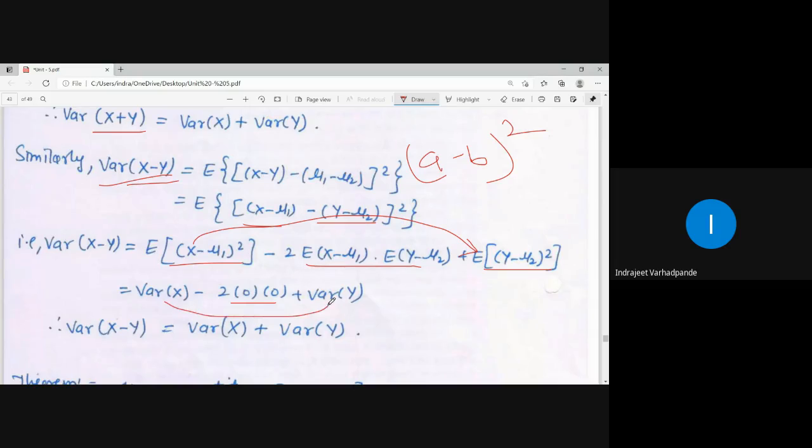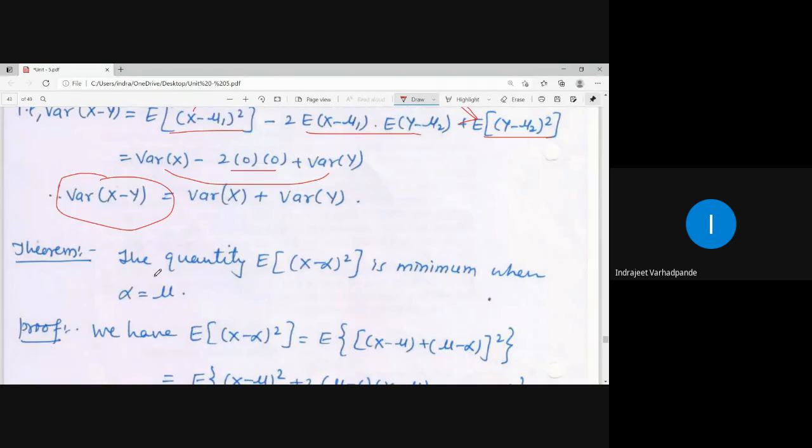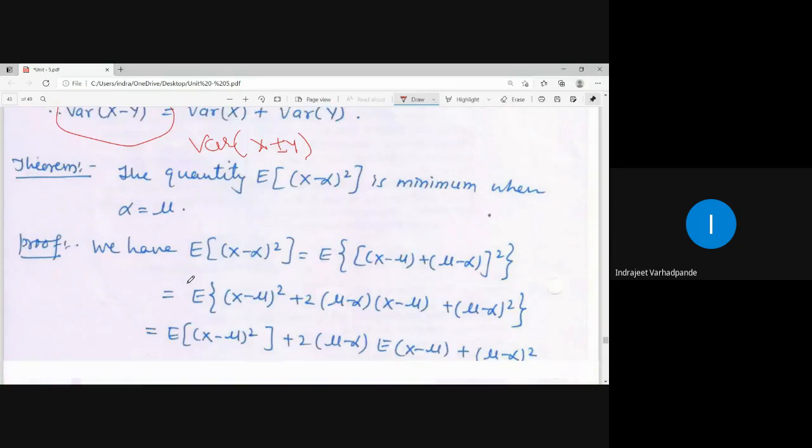I am only left with var of x plus var of y. So var of x minus y is also var x plus var y, and var of x plus y is also var x plus var y. So accordingly we get the theorem: var of x plus minus y is var x plus var y.